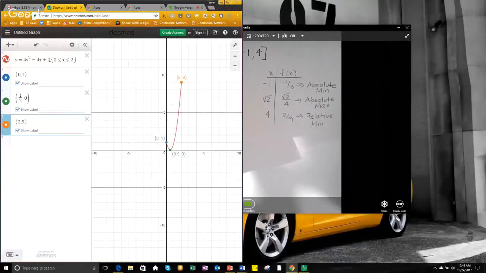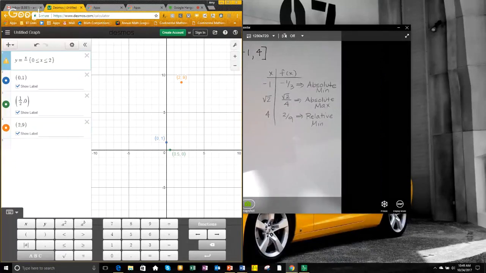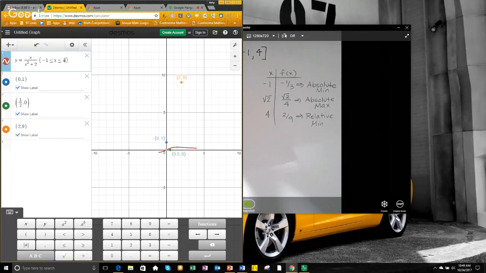All right, so we're going to take our function y equals x divided by x squared plus 2, and then we're going to make our interval here -1 to 4, and we're going to put our points on here, which is going to be -1, -1 divided by 3.